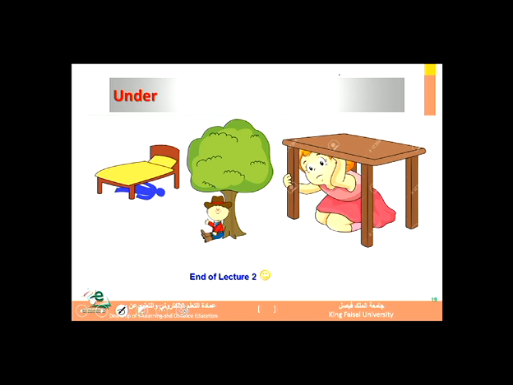Finally, the preposition under, as these images can tell you: this little girl is under the table. This little boy is under the tree. This man is under the bed.